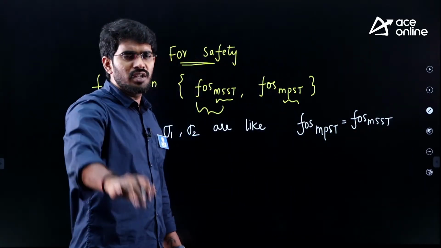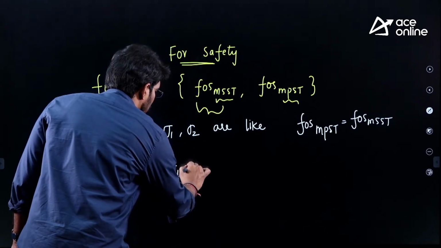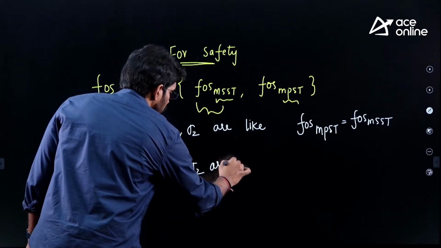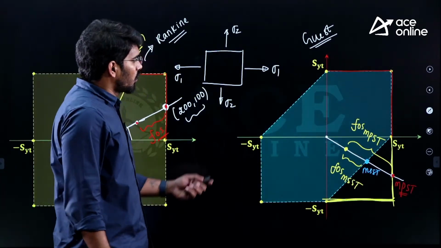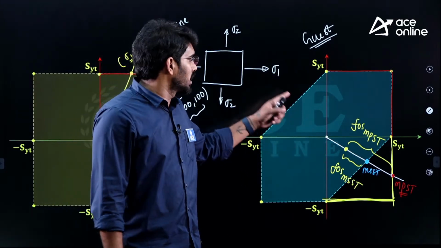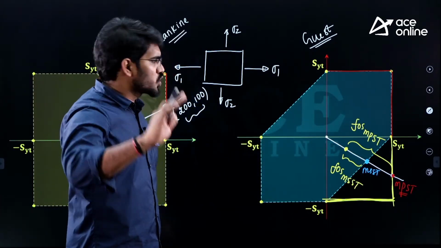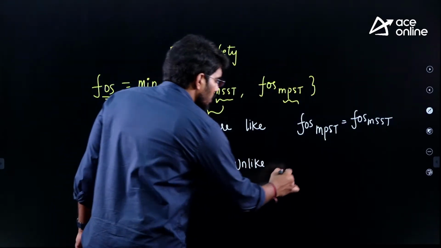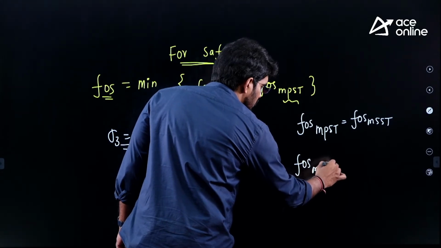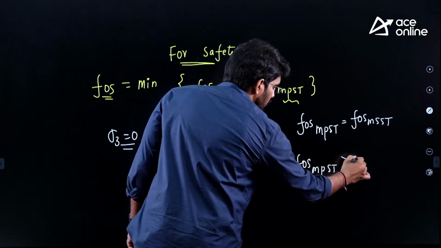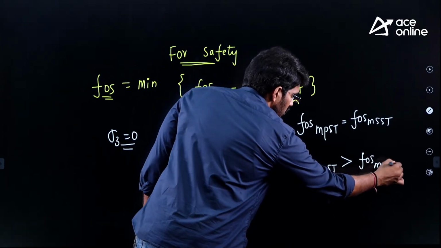Both are same. But when sigma 1, sigma 2 are unlike, in the sense one is positive, other is negative, like we get in the second quadrant and fourth quadrant, only in those quadrants the factor of safety according to maximum principal stress theory is greater than the factor of safety according to maximum shear stress theory.